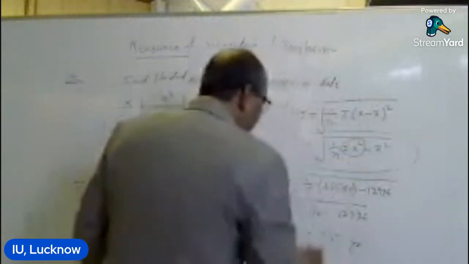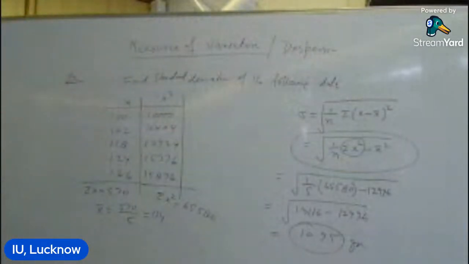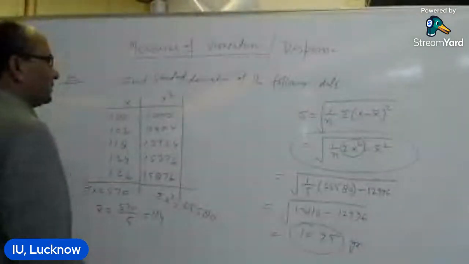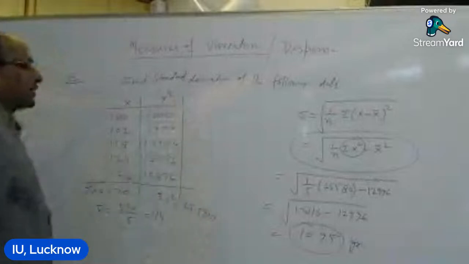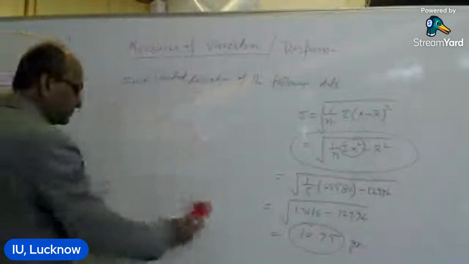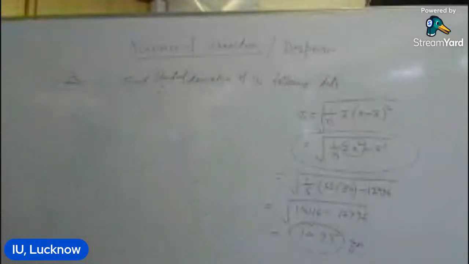So the answer will be 10.95. Now, if we want to find the variance for the same question, then what will be the variance?